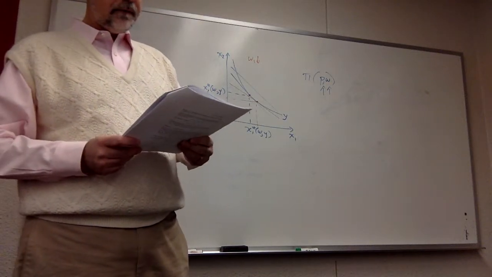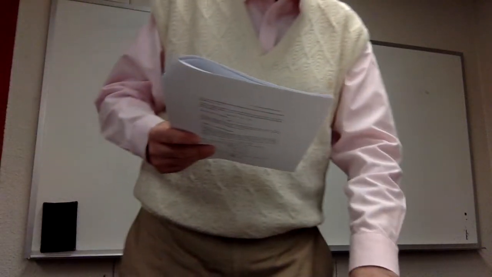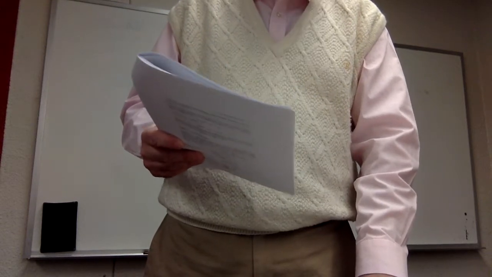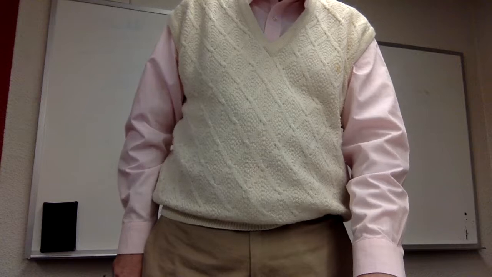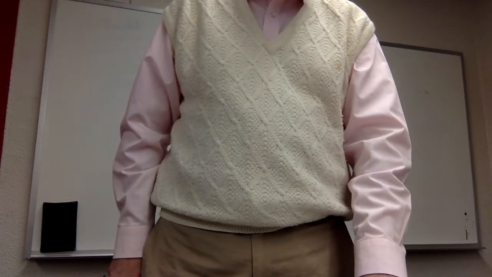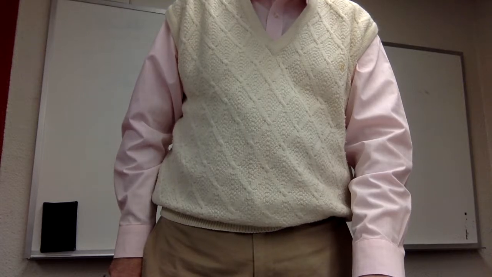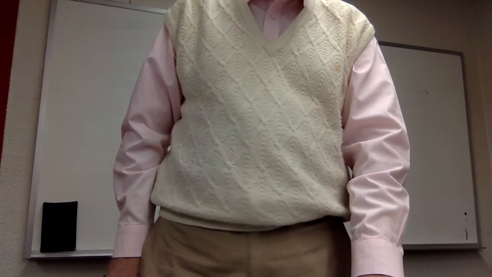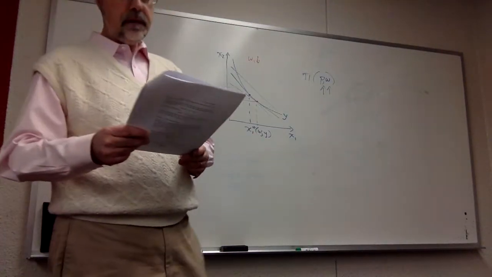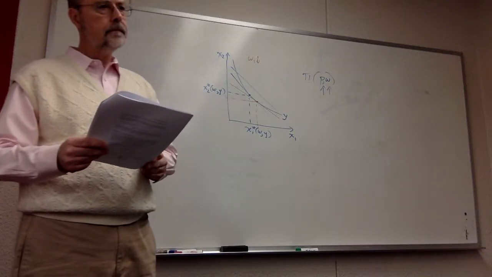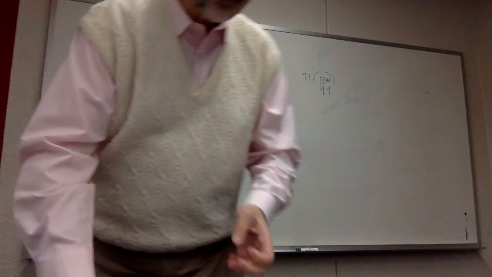I'm not saying more. 3.2, it says, consider the technology described by y equals 0 for x less than 1, and then log x for x at least 1, and then calculate the profit function for this technology. I'm going to make you a little picture first.